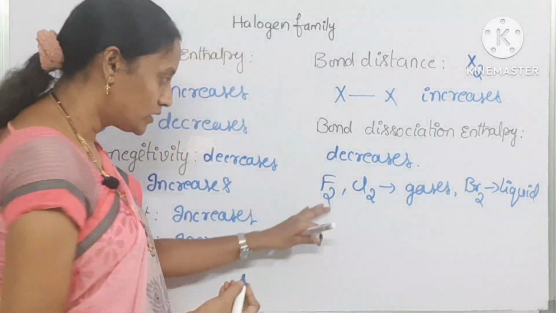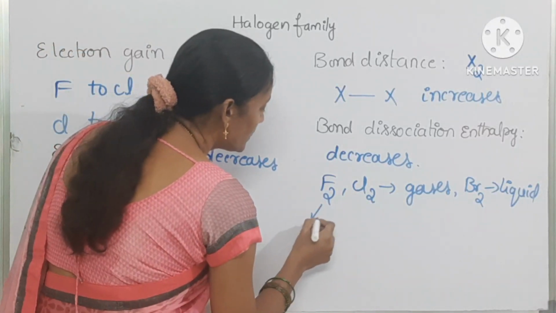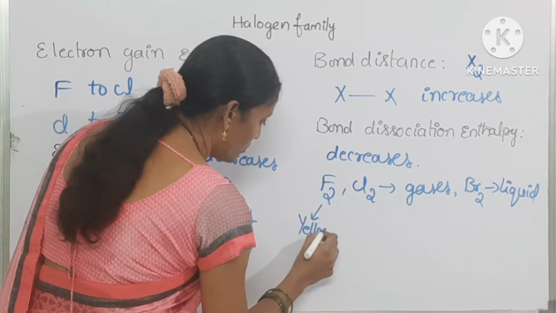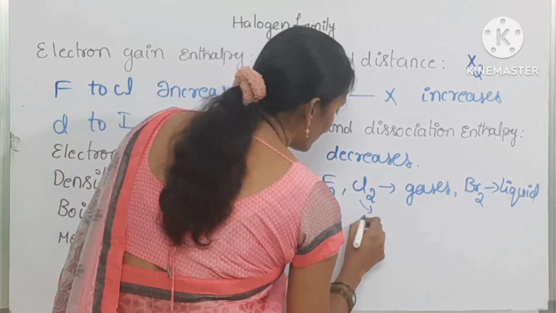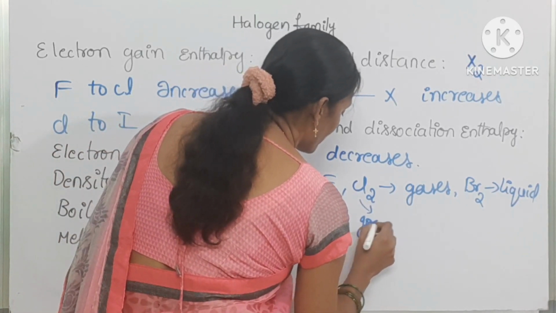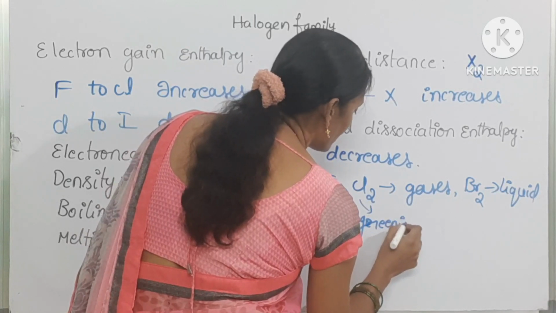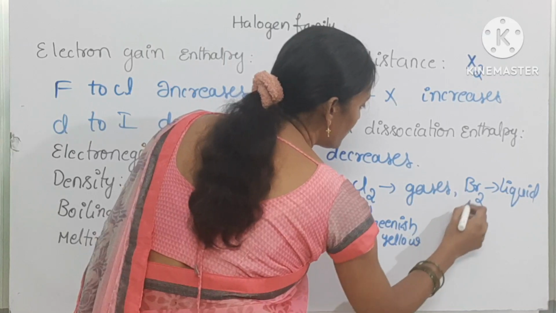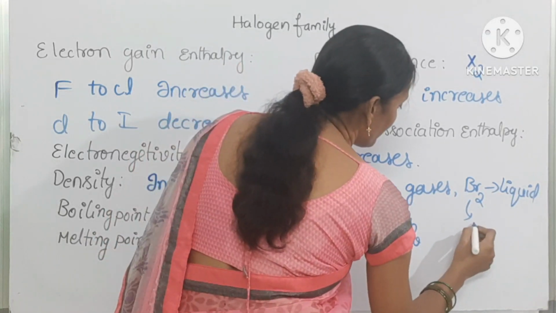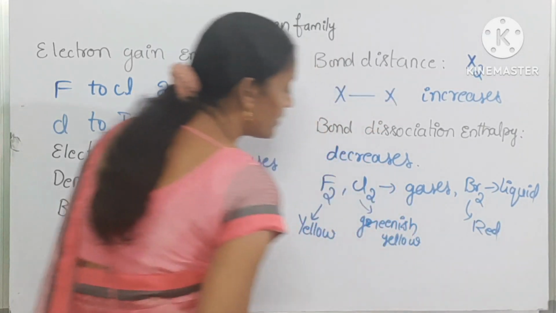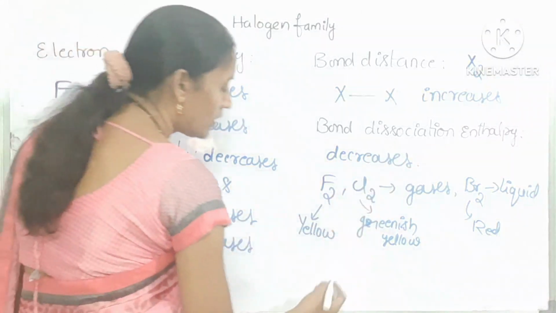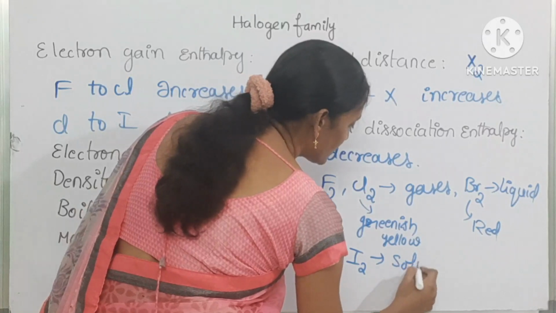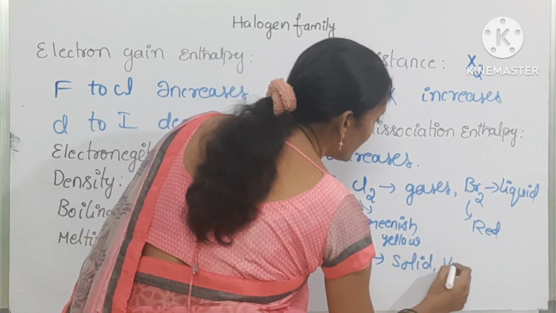And if you see colors, fluorine is yellow, chlorine is greenish yellow, bromine is red, and iodine is a solid which has violet color.